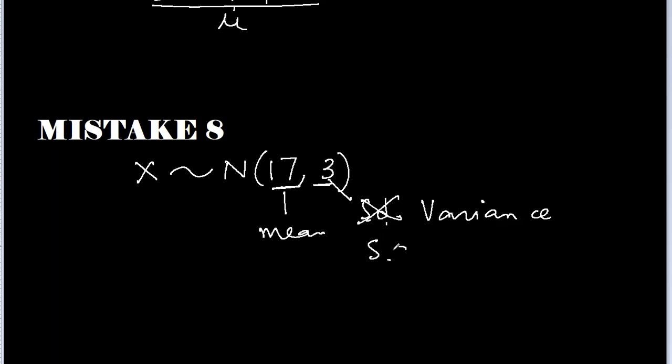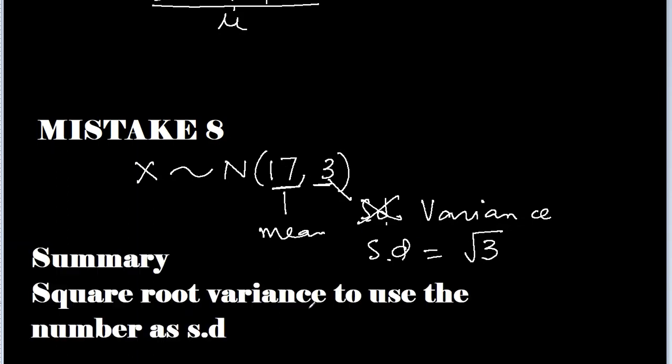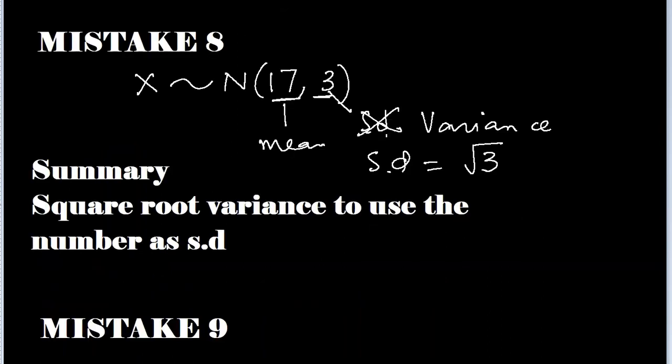So for standard deviation, if you want to use a normal distribution, you have to use the square root of 3, not 3. So this is a mistake. Please avoid this mistake in exams. And here's the summary full of caution: square root of variance, do not use it as it is.